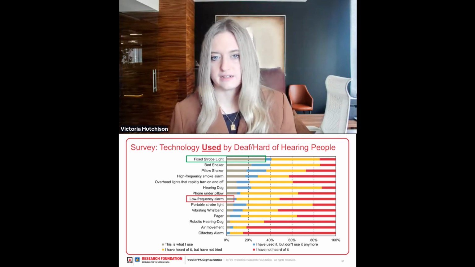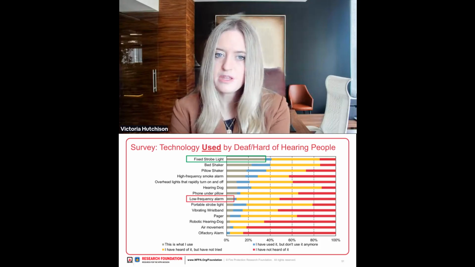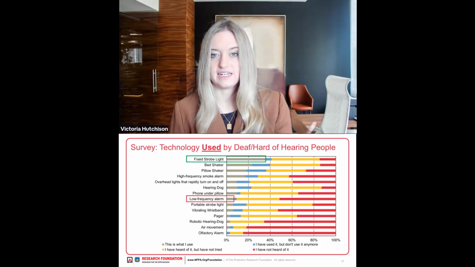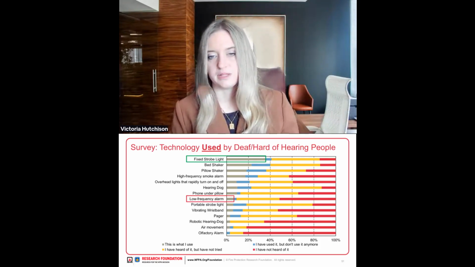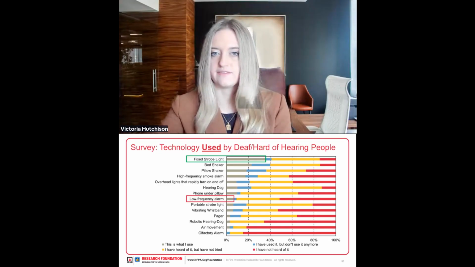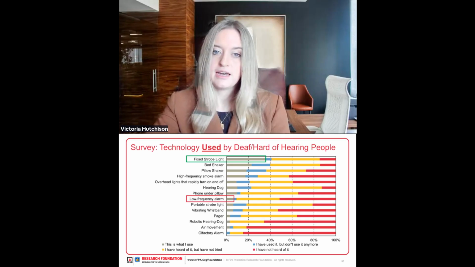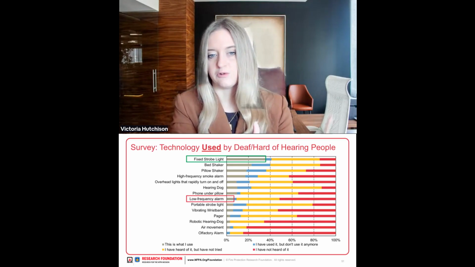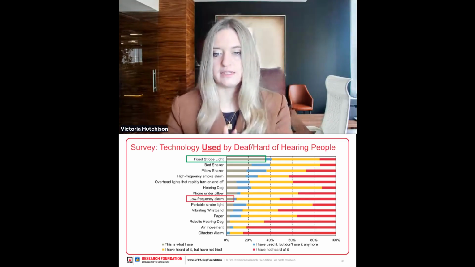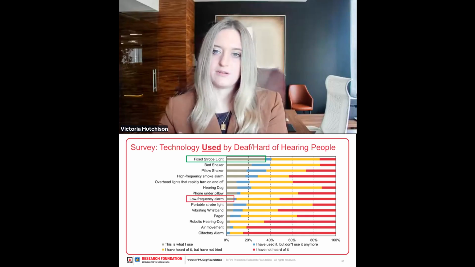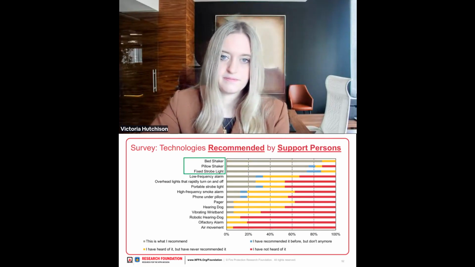From the technological perspective, I did find it interesting that the strobe light, which had some varying effectiveness, did actually appear to be what was most used. Just reading this, the gray is what was most used, and then to the scale of the red, which is, I've never heard of it.